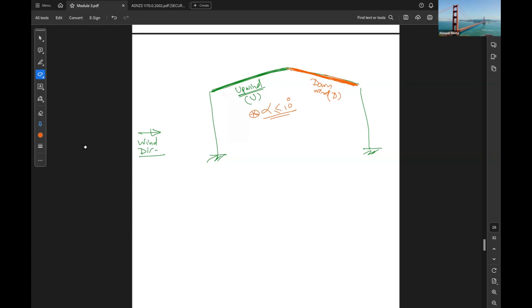So in this direction, if the wind is coming from the west, we will have upwind and downwind.